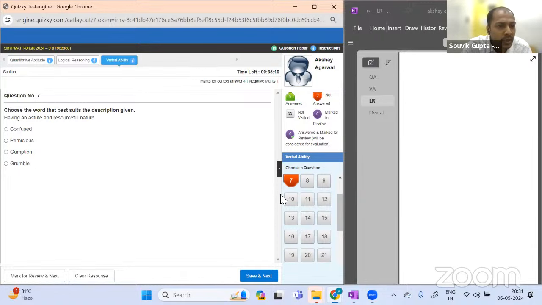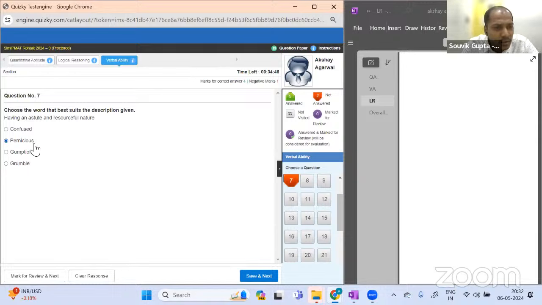Having an astute and resourceful nature. Choose the word which best suits the description given. Astute and resourceful nature.